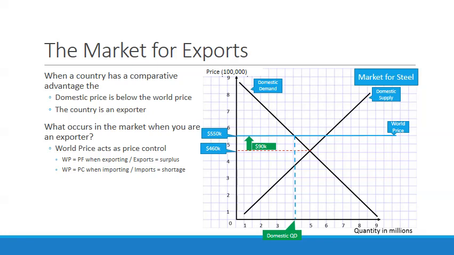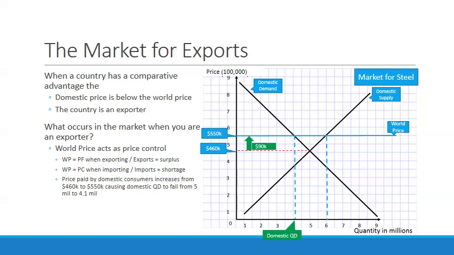Now the domestic quantity demanded therefore falls. You'll notice the equilibrium is at 5 million. Well, the domestic quantity demanded drops to about 4.1. And so we can look here, the price paid by domestic consumers increases from 460,000 to 550,000, causing domestic quantity demanded to fall from 5 million to 4.1 million.